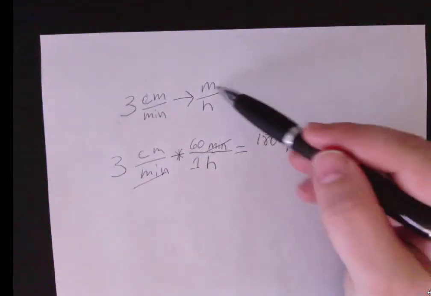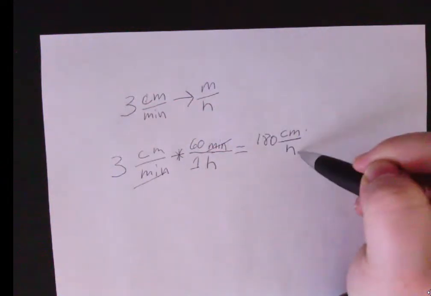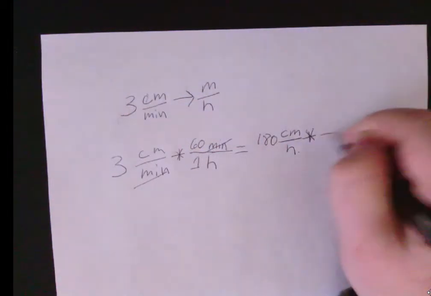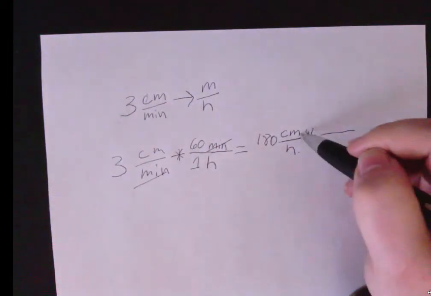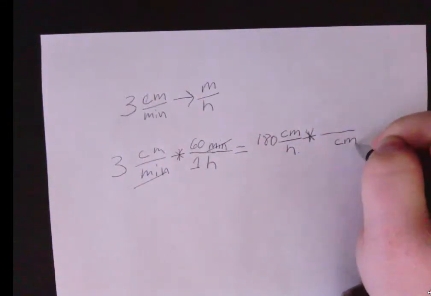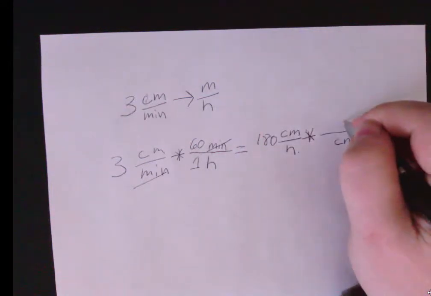Not quite, because remember we want meters per hour and we're at centimeters per hour. So now we can do another multiplication step here. We want to get rid of the centimeters, so we're going to put centimeters at the bottom. And what do we want? Well, we want meters, so we're going to put meters on top.